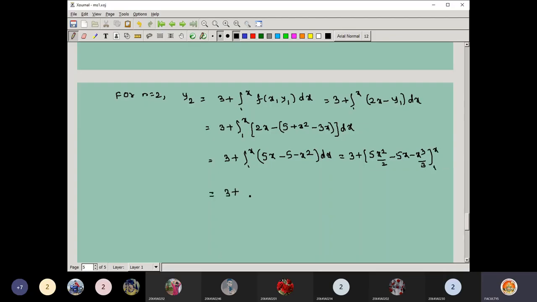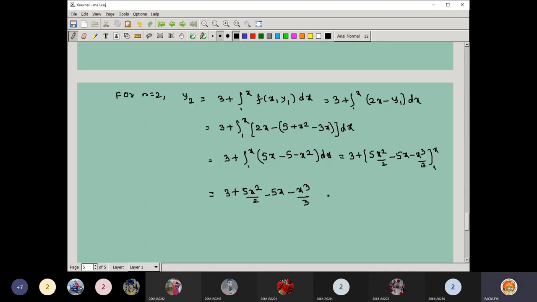So when I am substituting the upper limit, same as it is, 5x square by 2 minus 5x minus x cube by 3.